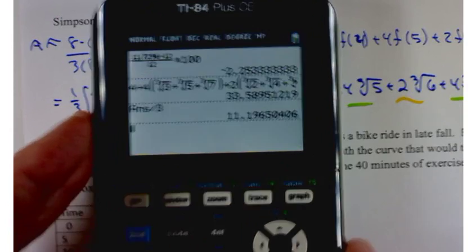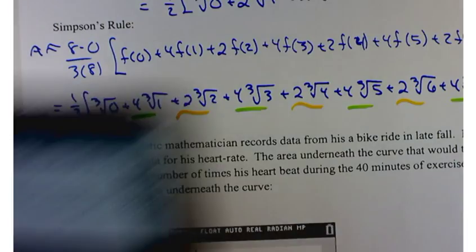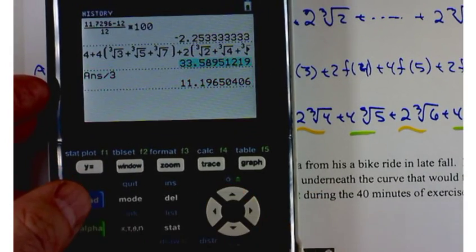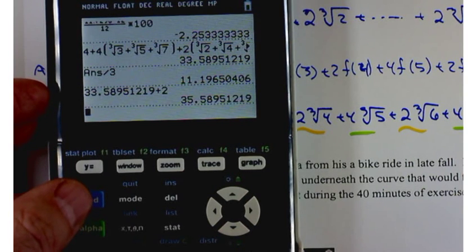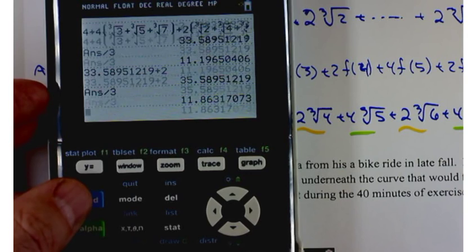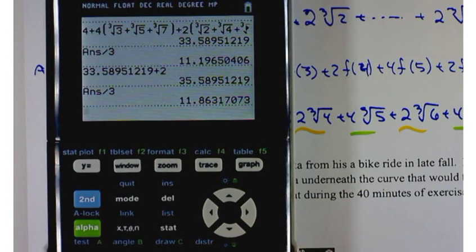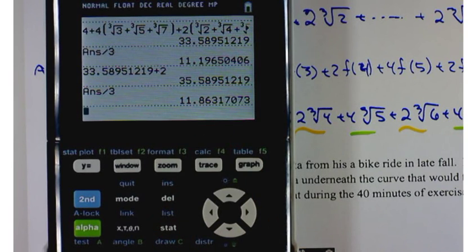I'm thinking I must have made a mistake someplace. The cube root of 8. Oh, okay. All right, so let's go back up here, and I'll add 2 for the cube root of 8. Now divide this by 3. It's looking a little bit better. Let's see what happens with our relative percent error. I'll take this number and store it in x.